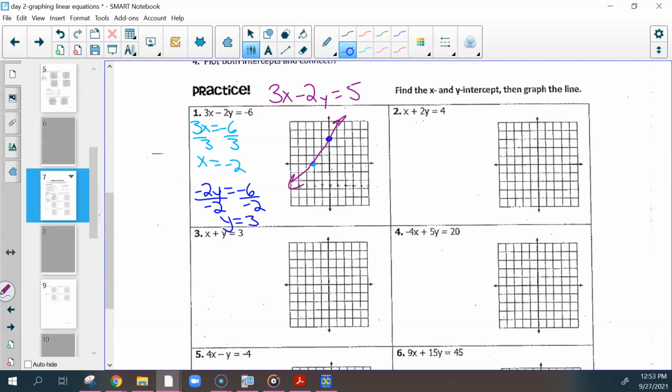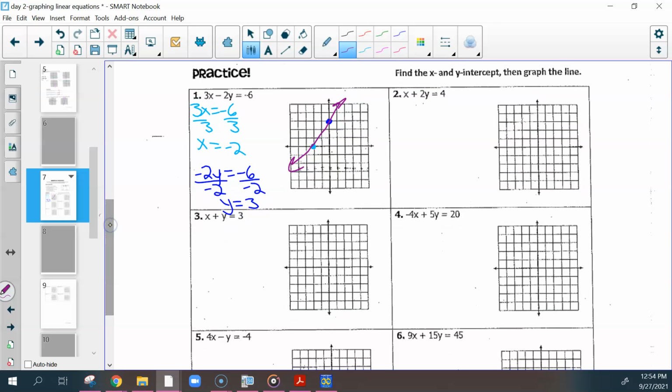So if you're wondering how can I tell, that would be your go-to. If you can solve it using x and y intercepts and you like that method, you would do it that way. If you would rather go back and convert it, you can do it that way. Just don't do both. And then some of them can only be converted and you can't do the x and y intercepts.